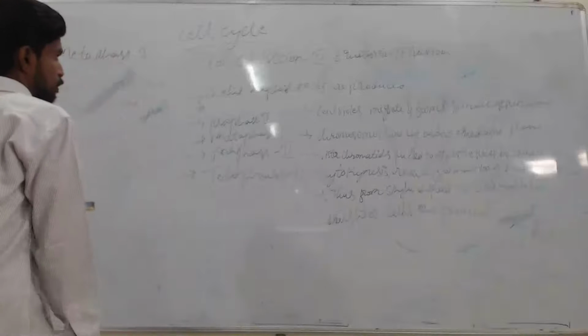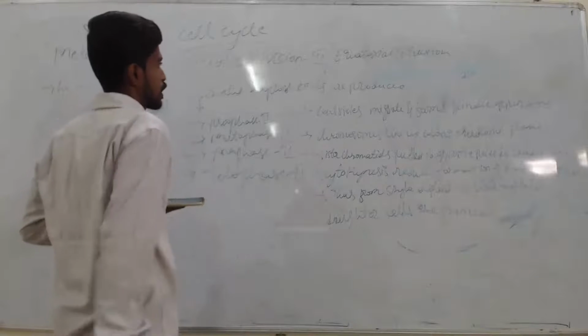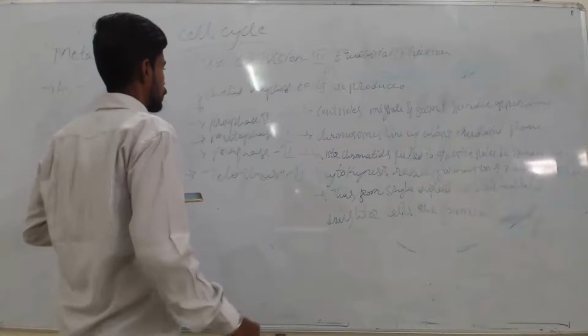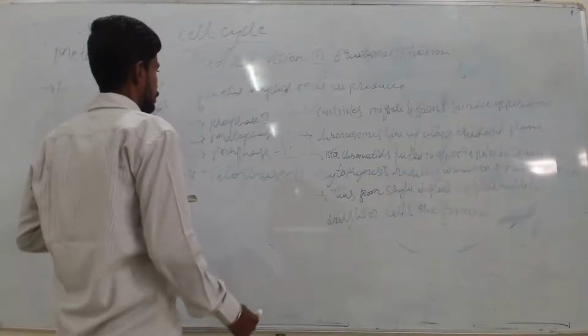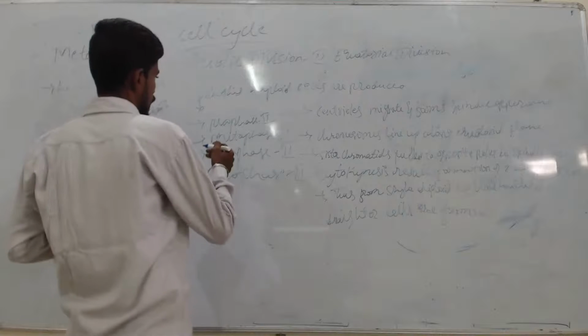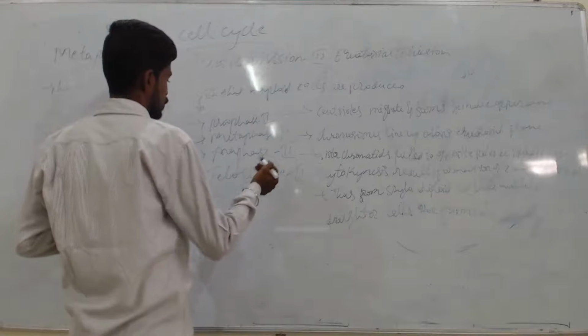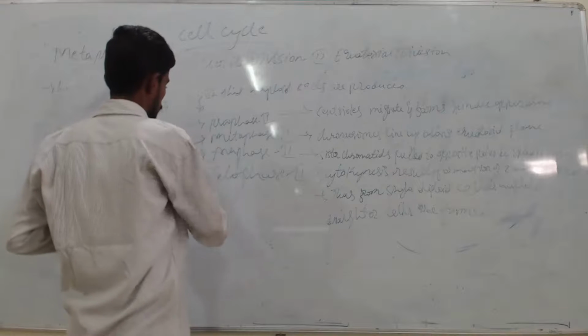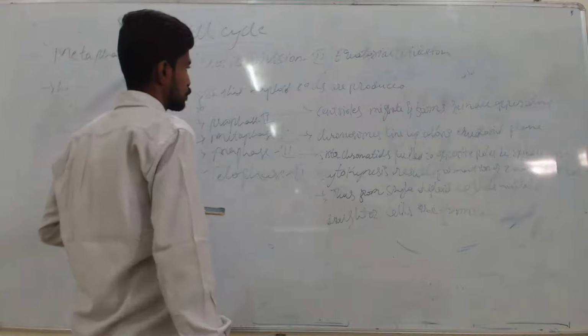In this meiotic cell division too, haploid cells are produced, or a haploid number of chromosomes. In this meiotic cell division 2 or equatorial division, there are subphases: prophase 2, metaphase 2, anaphase 2 and telophase 2. There are 4 phases in meiotic cell division 2.